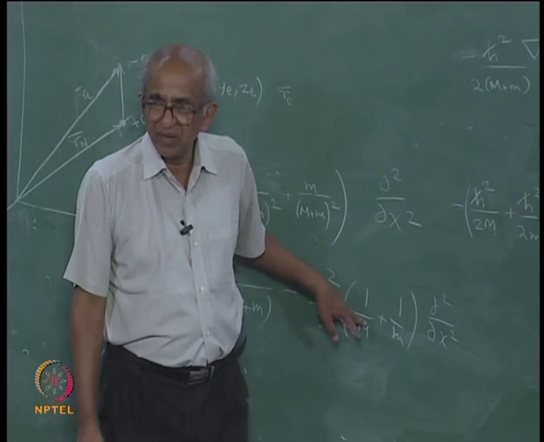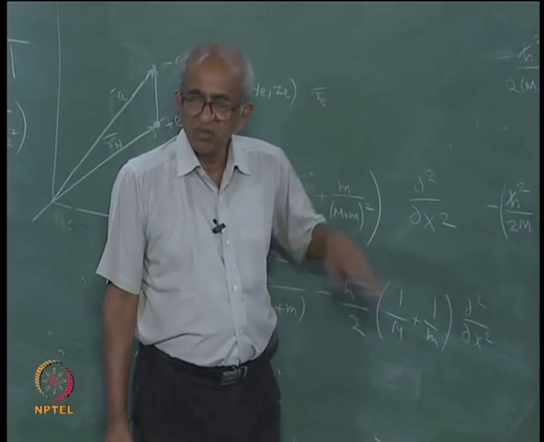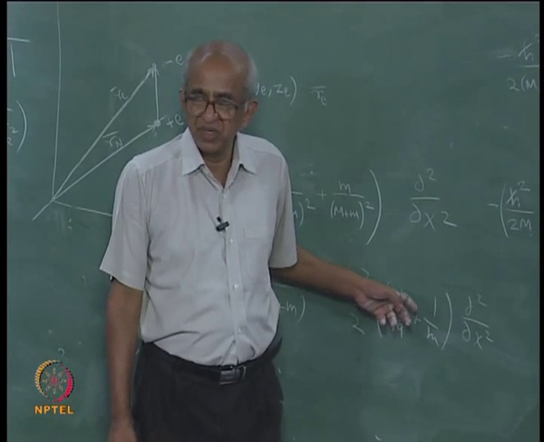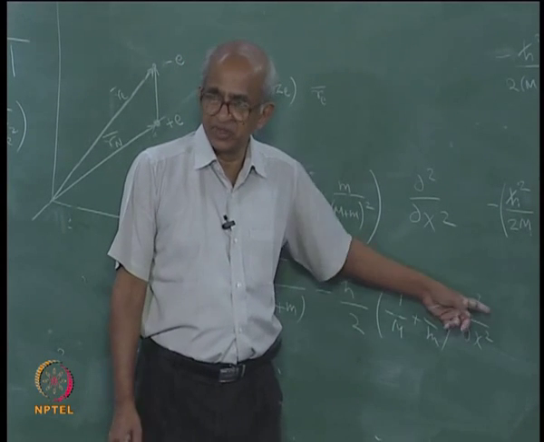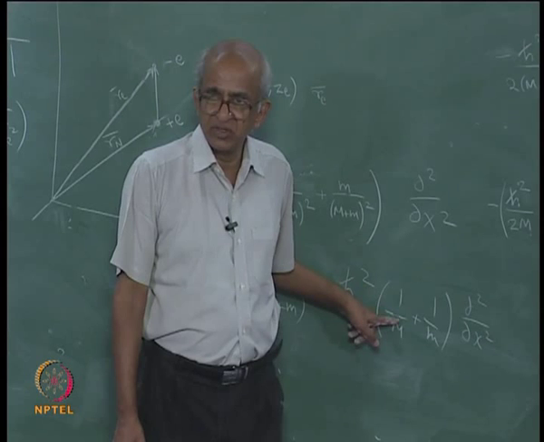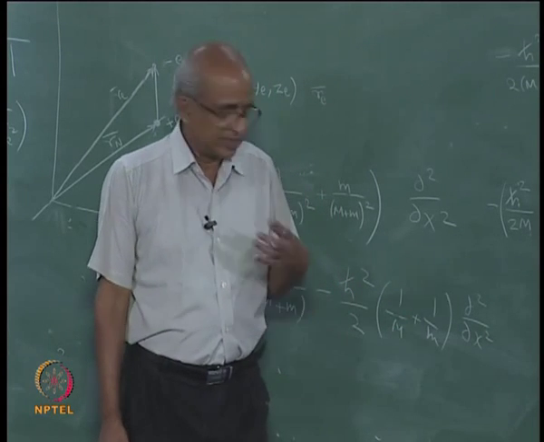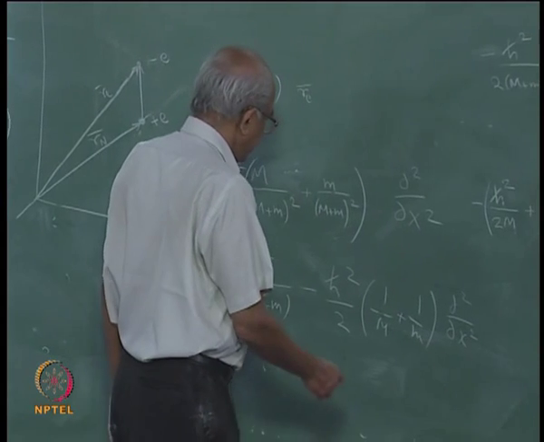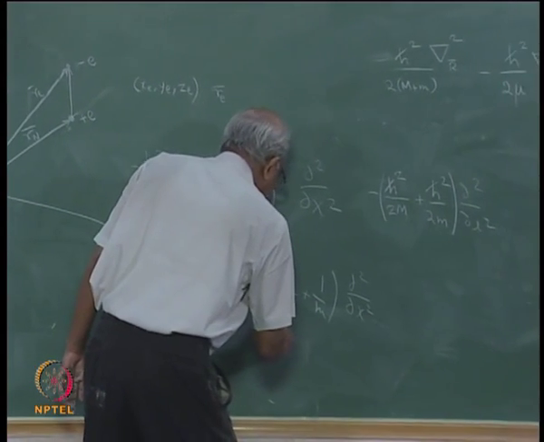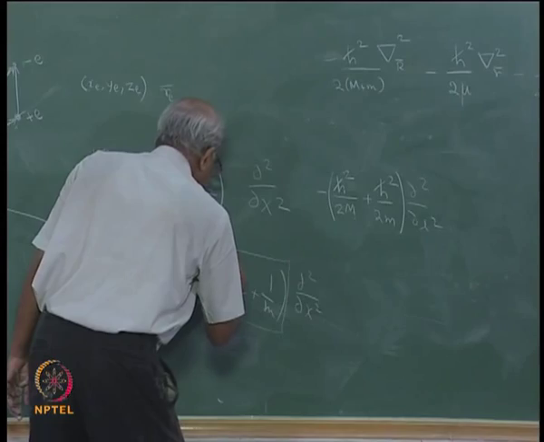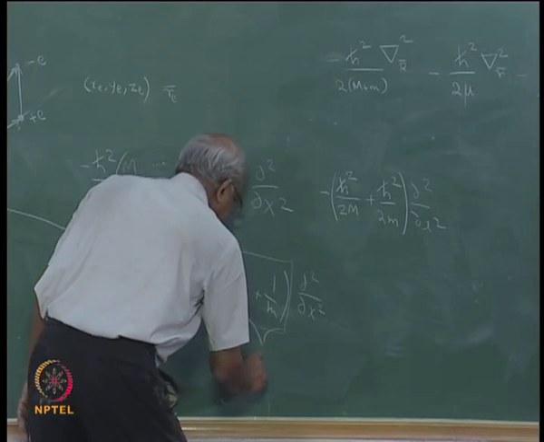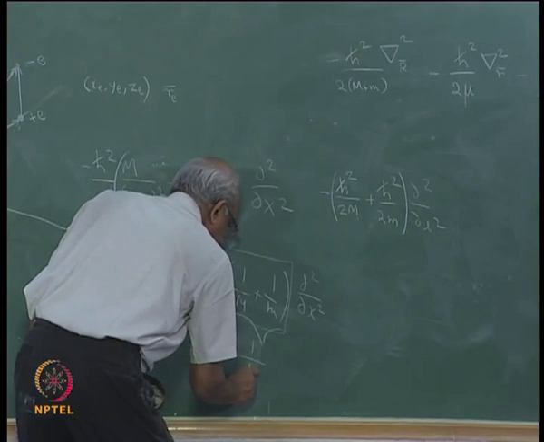You have 1 by M. So, the more massive the particle is, you see it makes less contribution to this relative motion. That is what this equation says, right. We have already seen the physical reason for that. So, therefore, if I now say okay, I am going to define an effective mass, how will I define an effective mass? This whole thing, let me say, is equal to 1 by μ.